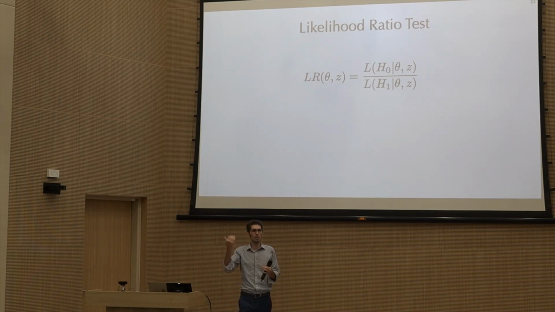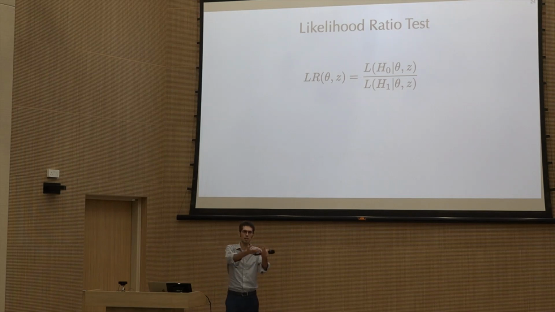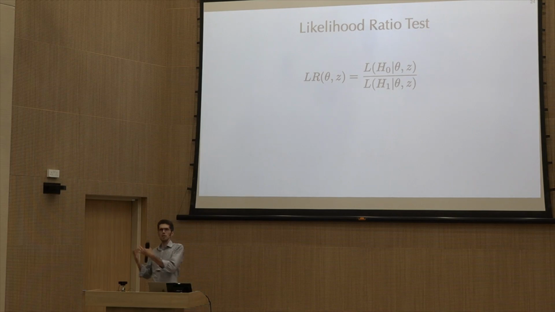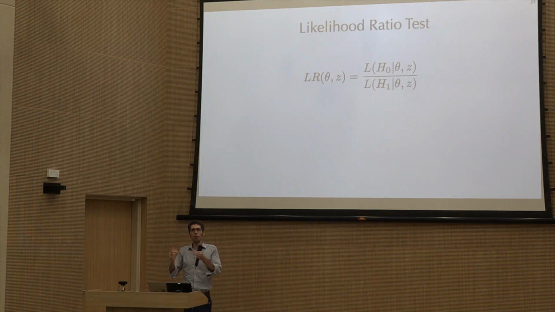Then based on this ratio, if it is less than a threshold, then we predict non-member. If it's larger than that, we predict member, and that's our test, right? Because one world will be more probable than the other world given z and theta.